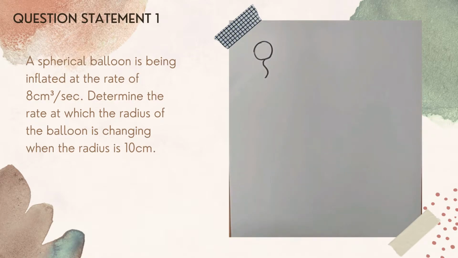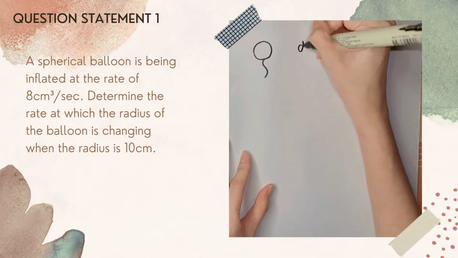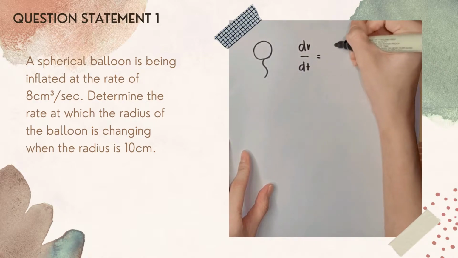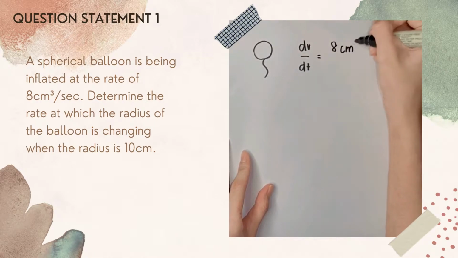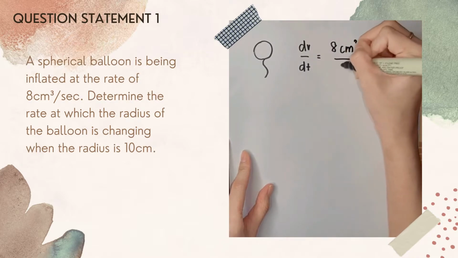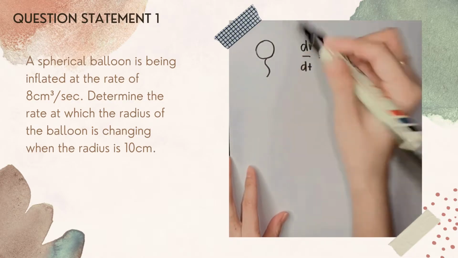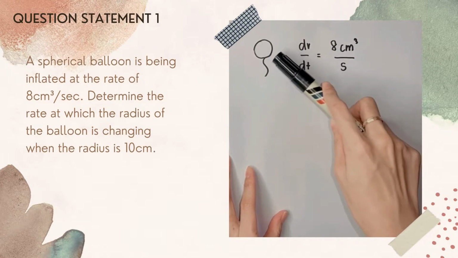Step 2. Identify the rate of change known and to be found with respect to time. dV over dt equals 8 cm cubed per second. We use dV over dt as the rate of change of volume. Step 3. Find an equation relating the quantities and other information. As you can see, the balloon shape is a sphere, so we need to use the volume of a sphere formula.